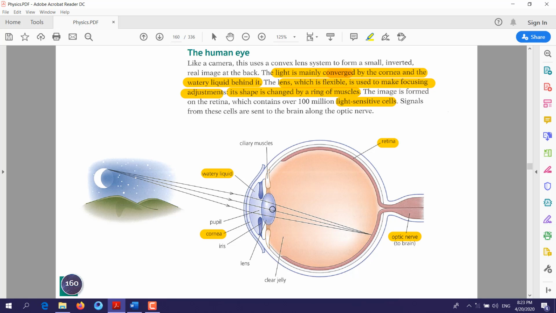Then this lens will focus the rays on a specific point on the retina. The retina has millions of light sensitive cells. The function of these light sensitive cells is to detect the light and convert it into a signal to be sent to the brain through the optic nerve.